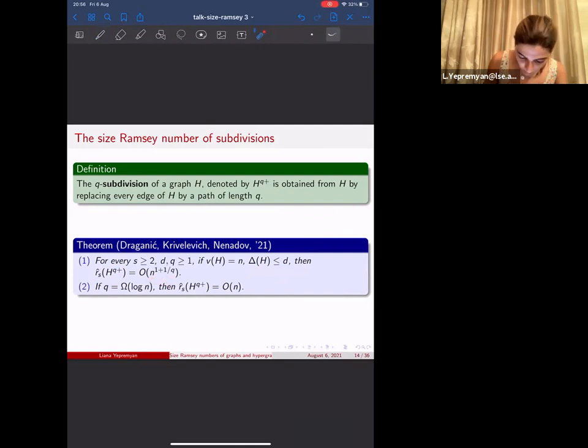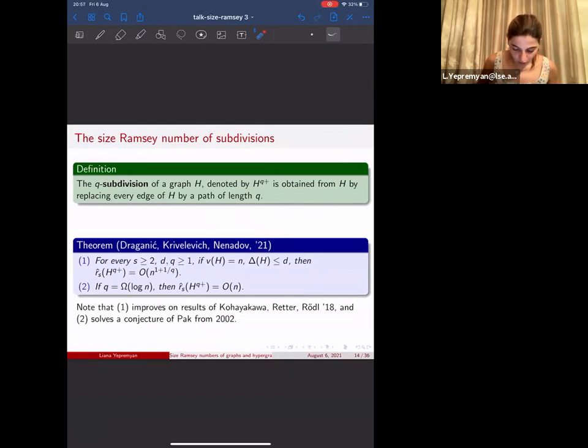So you can see that the more you sparsify your graph, meaning the larger subdivision you take, as q goes to infinity, this number becomes closer and closer to being linear. What they also showed is that if q is at least some constant times log n, then the size Ramsey number is linear.